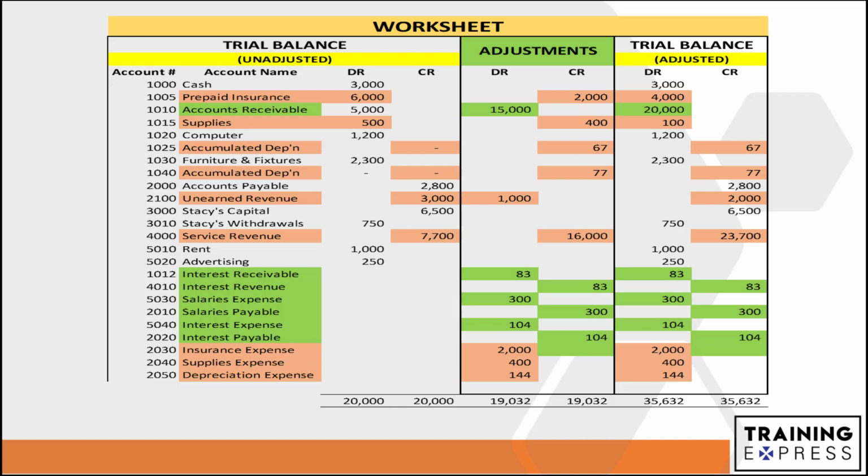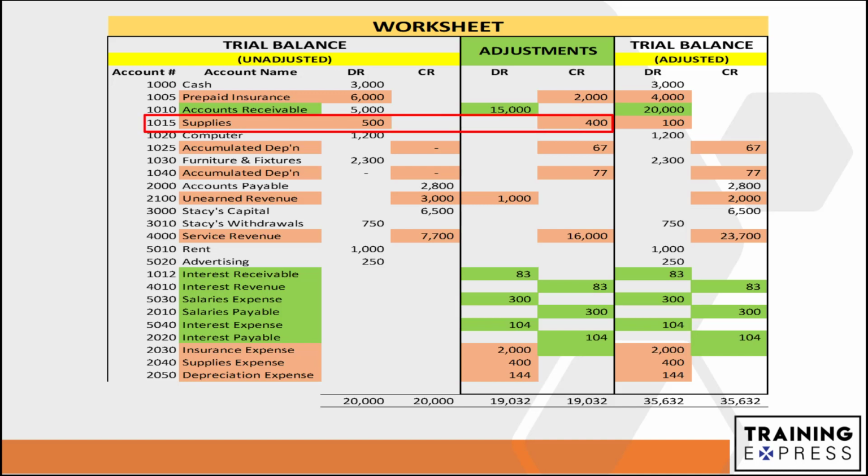Then we talked about unearned revenue. You will see in the middle of the worksheet unearned revenue. Initial balance was credit balance of $3,000. Then we made an adjusting entry. Unearned revenue was debit by $1,000 and service revenue was credited by $1,000. Then we talked about supplies expense.